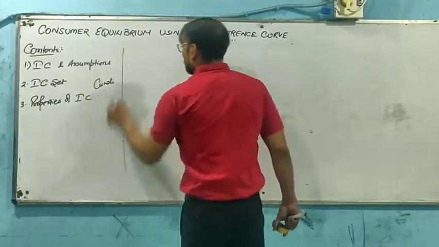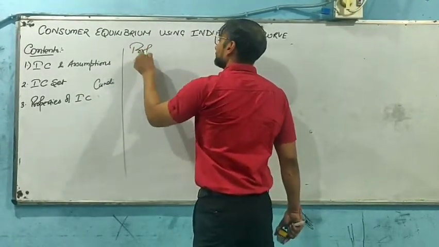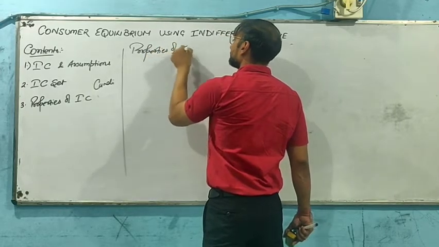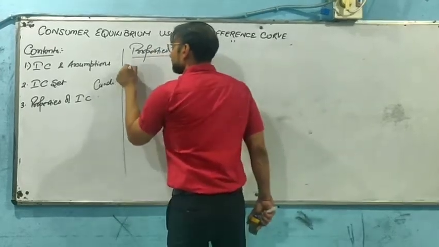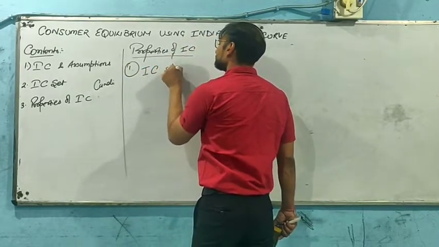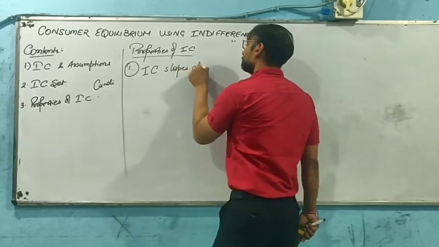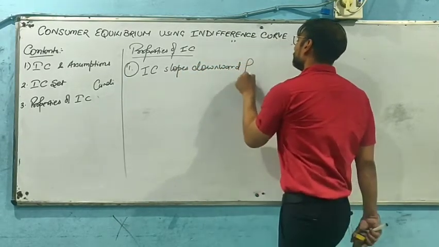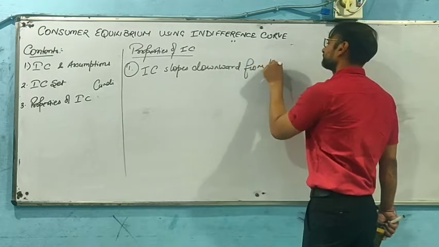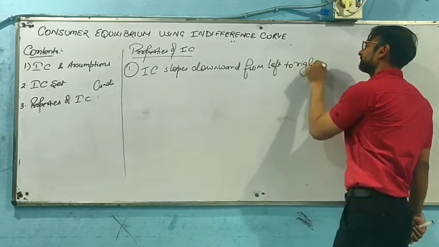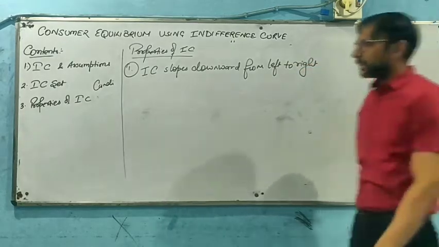So, if we talk about the properties of indifference curve, first of all, indifference curve slopes downward from left to right. That we have seen just now.